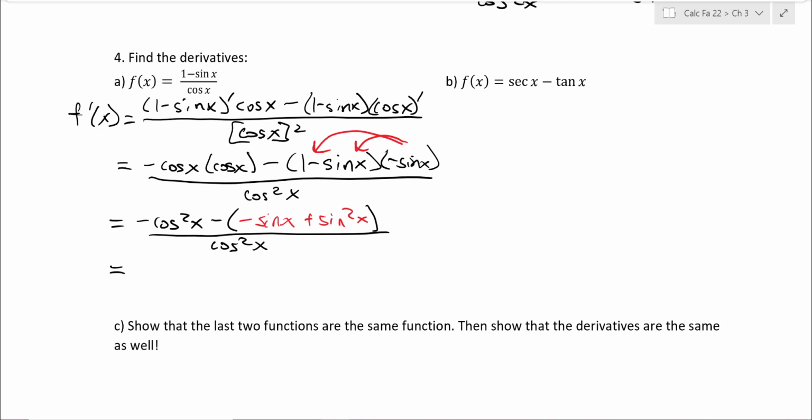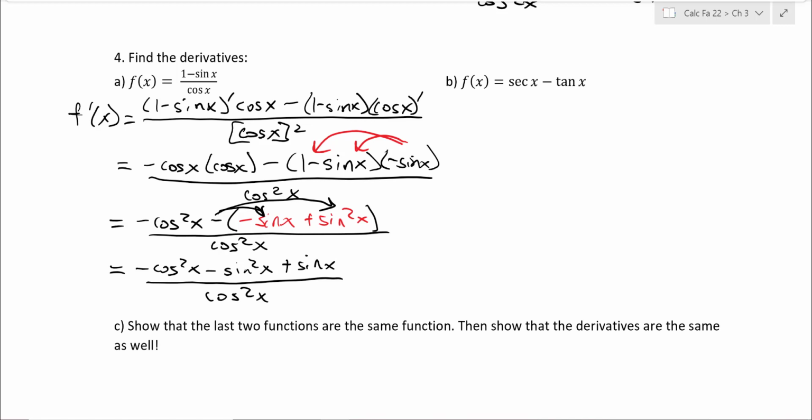And then that leaves us with a minus cosine squared x minus sine squared x, just so we can see them together. Right, I did this one first, and then the plus sine x all over cosine squared x.